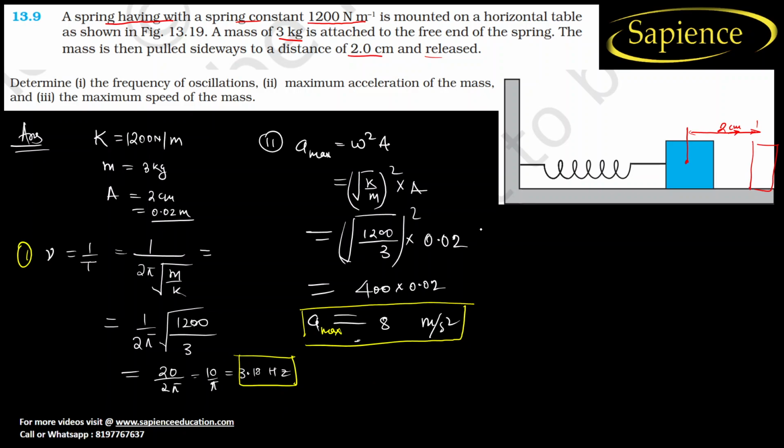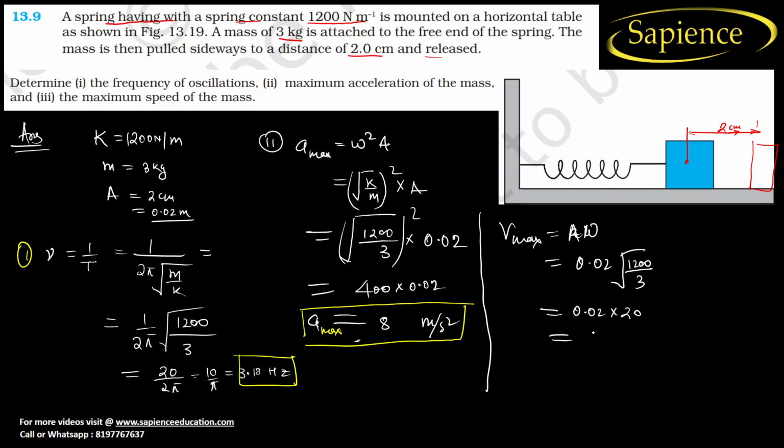Now let us do question number 3, the maximum speed. V maximum is equal to A into omega. The amplitude we have is 0.02, into omega, which means root under 1200 by 3, which is 20.